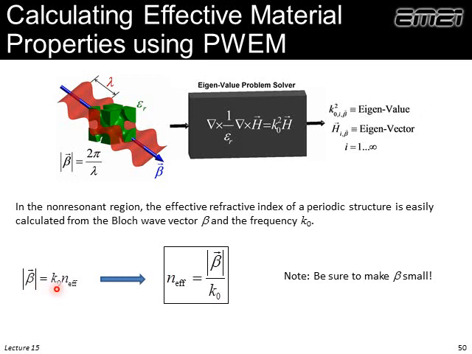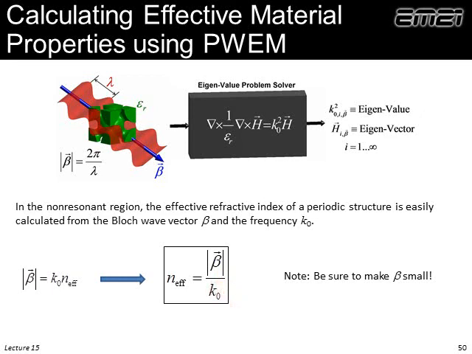And so the Bloch wave vector is the free space wave number times the effective refractive index of that mode. So we solve this for the effective refractive index, and it's the magnitude of our Bloch wave vector divided by our eigenvalue, if you will. In fact, our eigenvalues are usually k0 squared. We'll take the square root of that to get the actual free space wave number and divide by that.